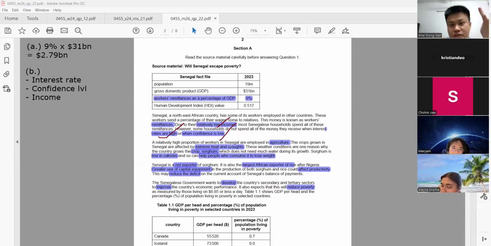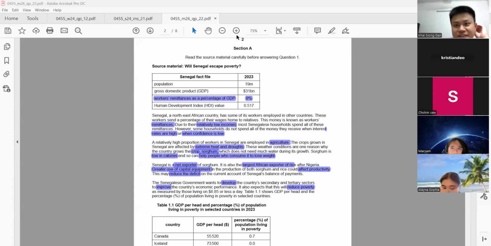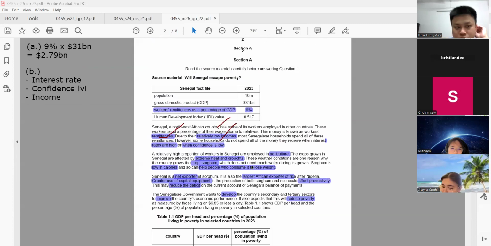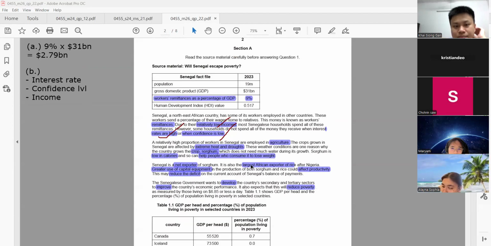Xin Hui, you are right, you just write interest rate. Because what they're asking you, let's see the question again. Identify true influences on household spending. Yeah, interest rate, confidence level, and income. Correct.